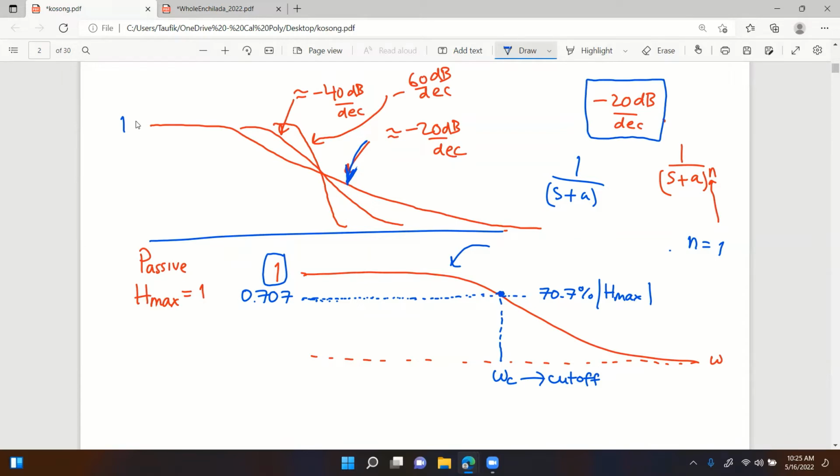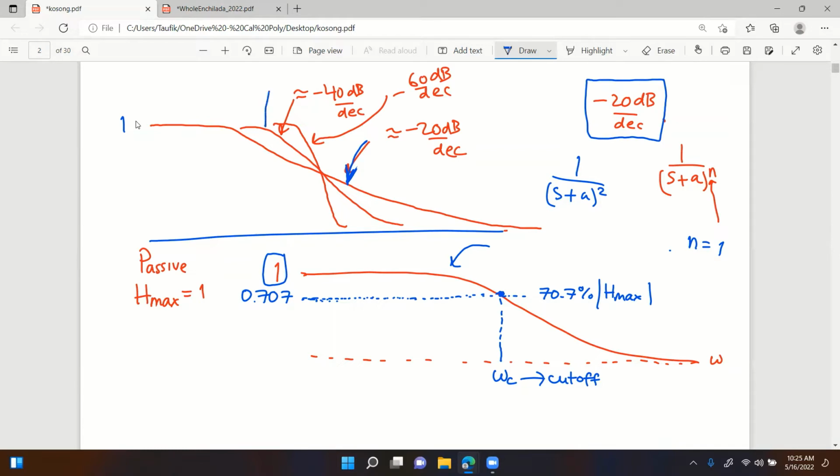If you don't like this gradual slope, how do you make it steeper? Well, you learned from the previous chapter, the slope can be made steeper if you increase the number of poles. So instead of 1, make it 2, so double poles. Then the slope changes from minus 20 dB per decade to minus 40 dB per decade.